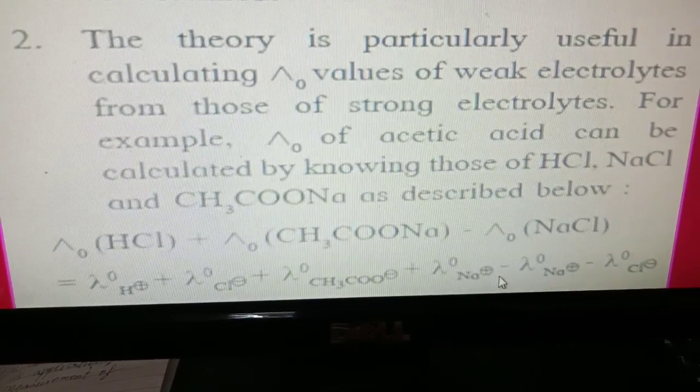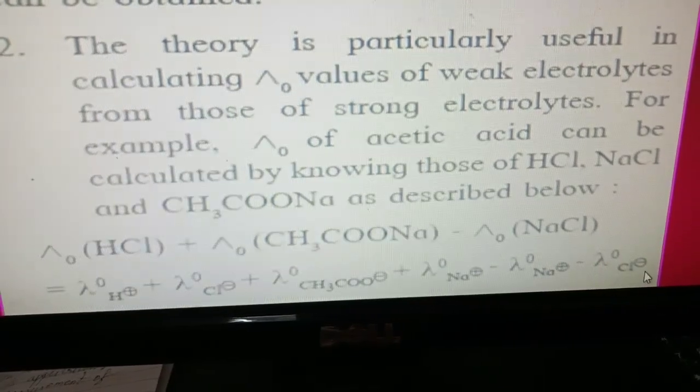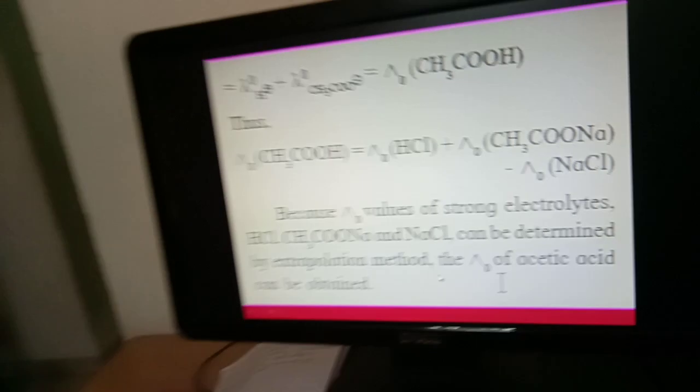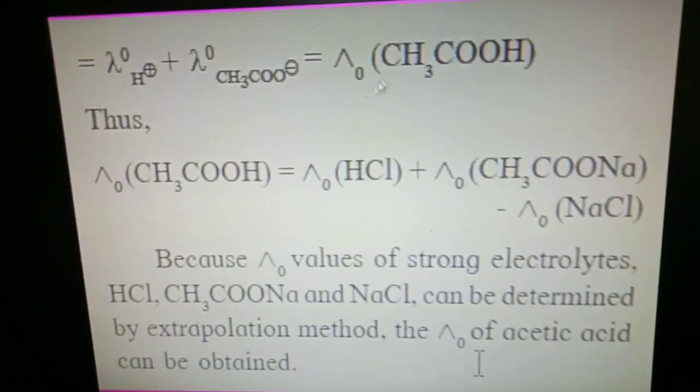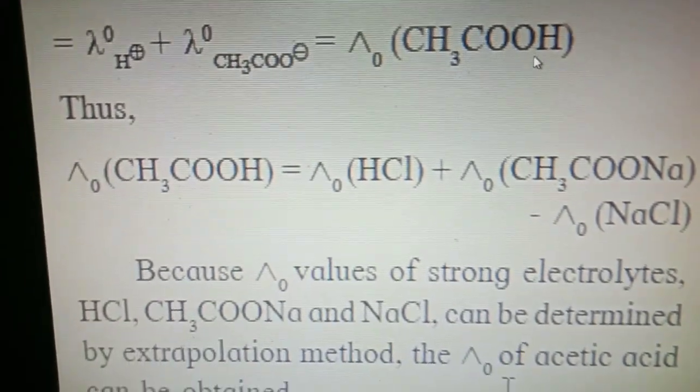λ0 Na+ minus λ0 Na+ minus λ0 Cl−, which proceeds as λ0 H+ plus λ0 CH3COO−, that is equal to λ0, the molar conductivity at infinite dilution for acetic acid.